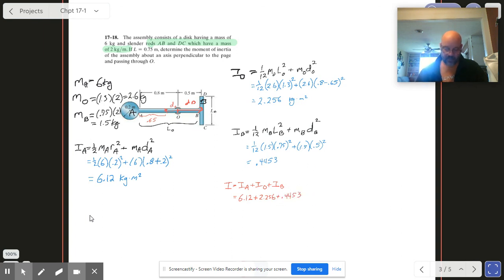Add all those up, and the number that I got was 8.821 kilogram meters squared. We'll circle it in blue because I'm feeling patriotic.